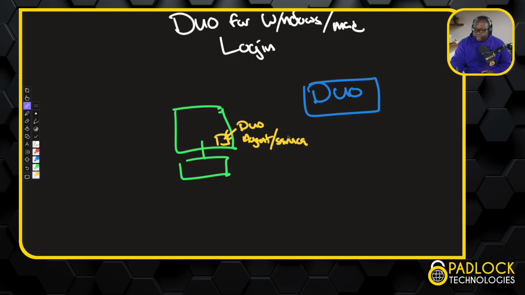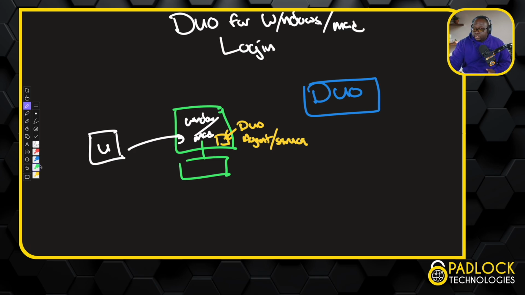What ends up happening is you, as the user, which I'm just going to use a box for, go to sign in to Windows or Mac. I haven't really tried this on Linux yet. The Duo prompt will pop up on the screen when you first try to log in, and it's going to do a Duo push.